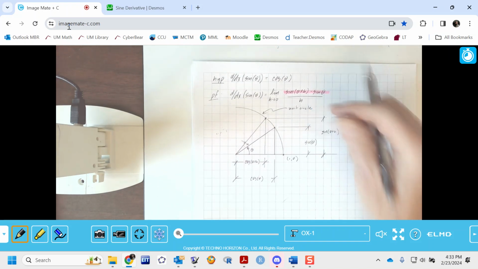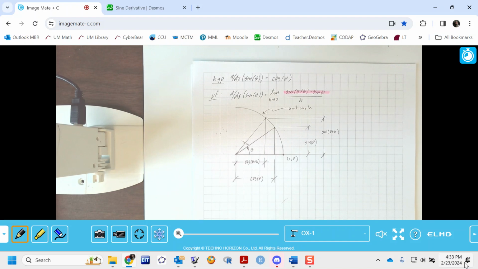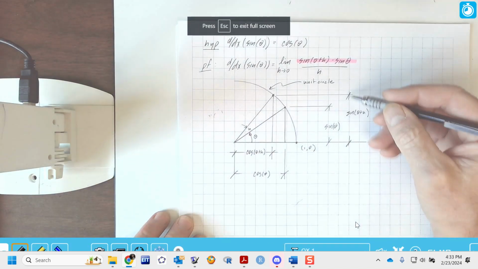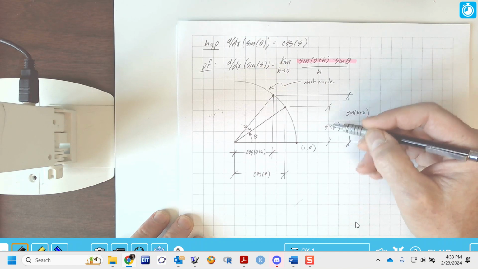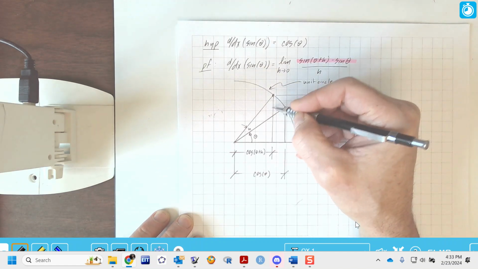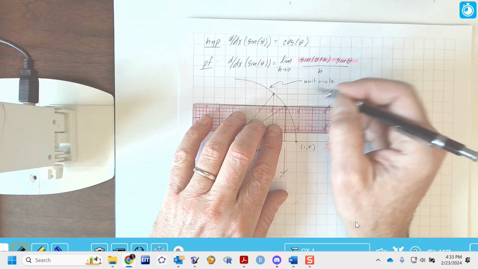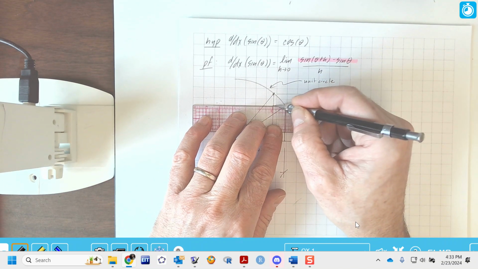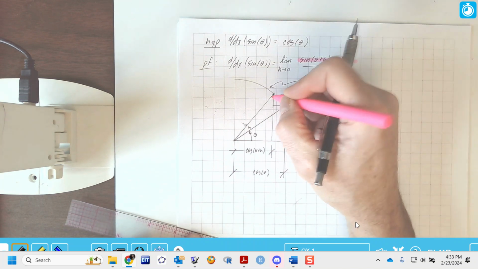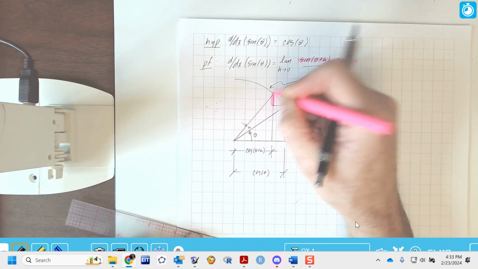I'm going to make this a little bit bigger. See, because this is sine theta plus h, this is sine theta, so the difference between this and that is just this distance right here. In other words, if I extended this little line here horizontally, that distance is this little pink distance right there, right?